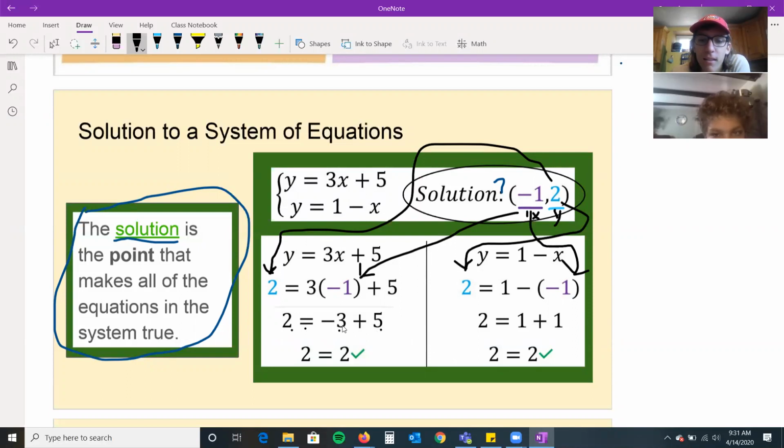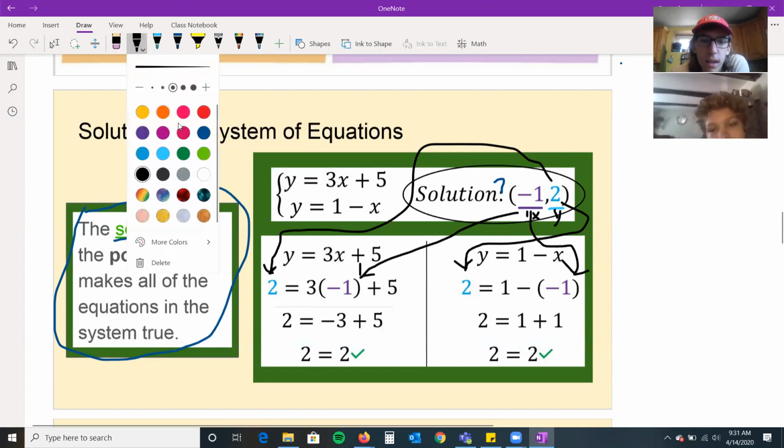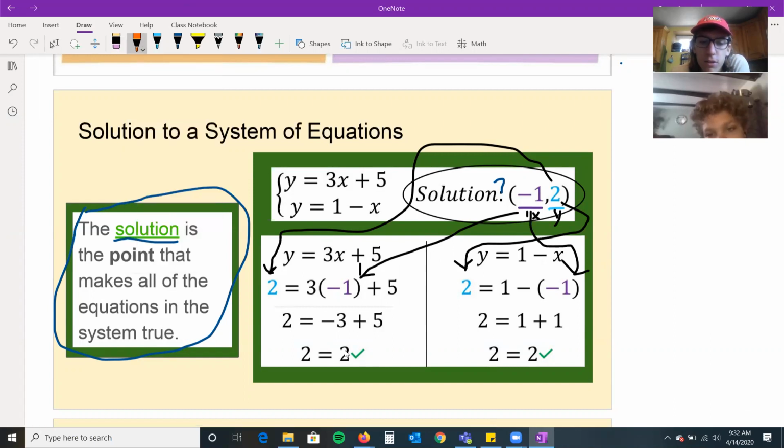Well, if we add -3 and 5 together, we're going to get +2, right? So we've got a +2, and this 2 is still over there. So 2 equals 2. Is that a true statement? Thumbs up or thumbs down? Is 2 equal to 2?